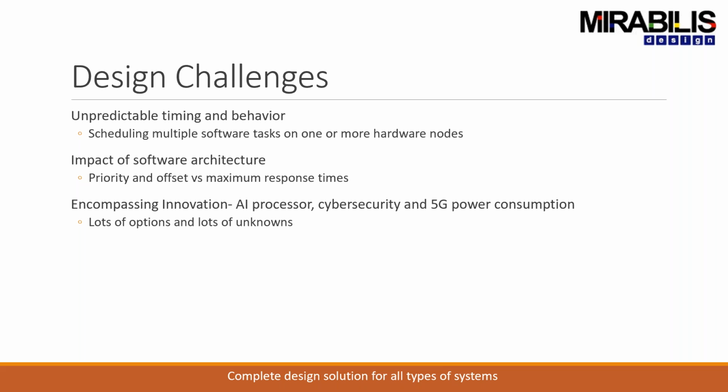The third piece of it, and this is probably the most interesting piece for most engineers, is really about innovation. For example, I've got avionics. How do I introduce artificial intelligence to it? I'm doing a car network. How do I ensure cybersecurity on my gateway? I'm creating a base station for 5G.